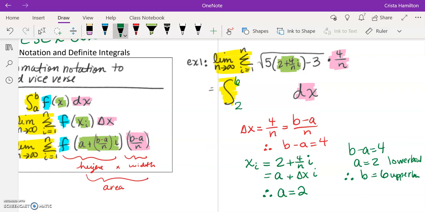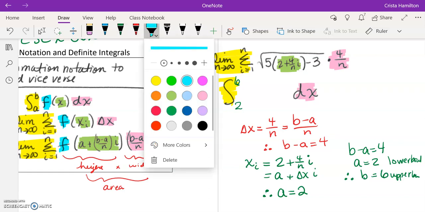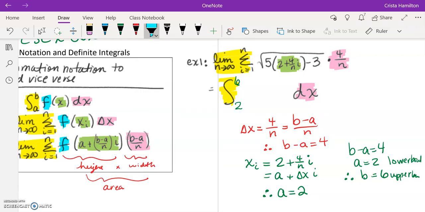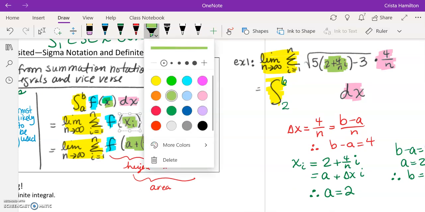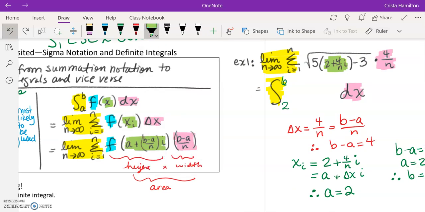Now, the only thing that's left to do at this point is to identify the function that we're dealing with. And so remember that when you look at the function, if I come over here, that this portion right here in this formula represents the right endpoint. And we're going to take out what was where that right endpoint is.